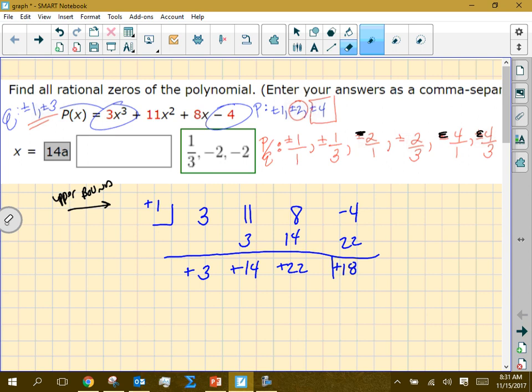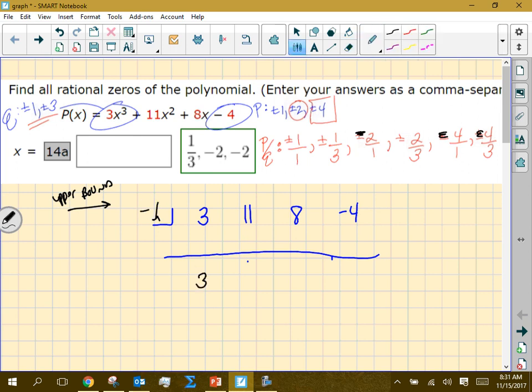The next thing maybe you do is try negative 1, starting all over again from the beginning with the original polynomial coefficients. Bring my 3 down, multiply, gives me negative 3, 8, negative 8, so there's a 0, and now it gives me 0 and negative 4.